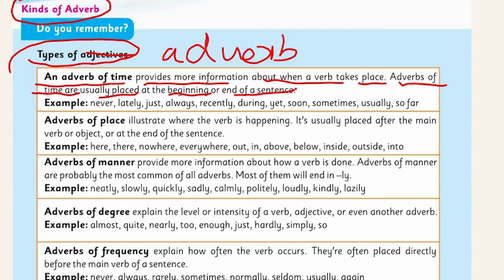Adverb of time आपको क्या बताता है कि कौन सा काम किस वक्त और कब हुआ, और adverb of time सेंटेंस की या तो स्टार्ट में आता है या एंड में. Examples are never, lately, just, always, recently, during, yet, soon, sometimes, usually and so forth. ये आपके क्या है? Adverb of time है.